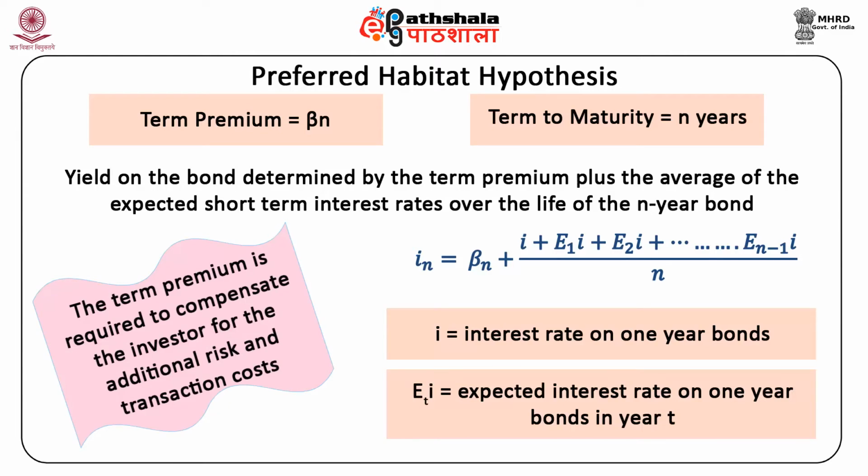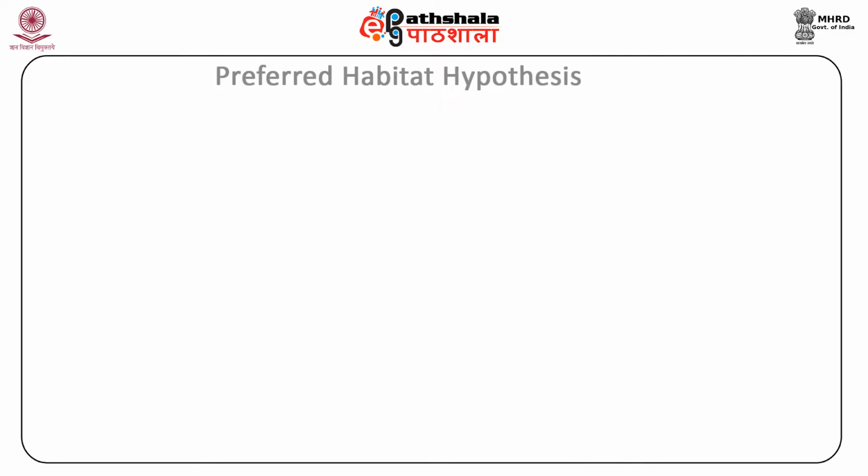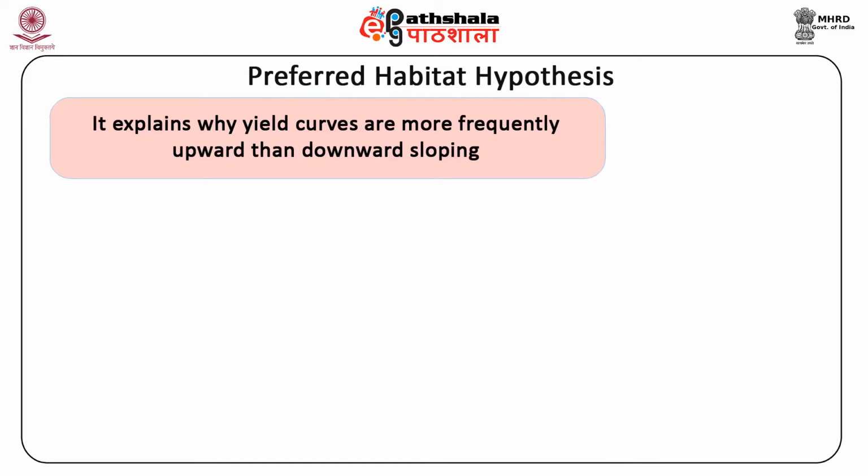The term premium is required to compensate the investor for the additional risk and transaction costs involved in purchasing an undesirable financial instrument. Unlike the other hypotheses, it explains why yield curves are more frequently upward than downward sloping.